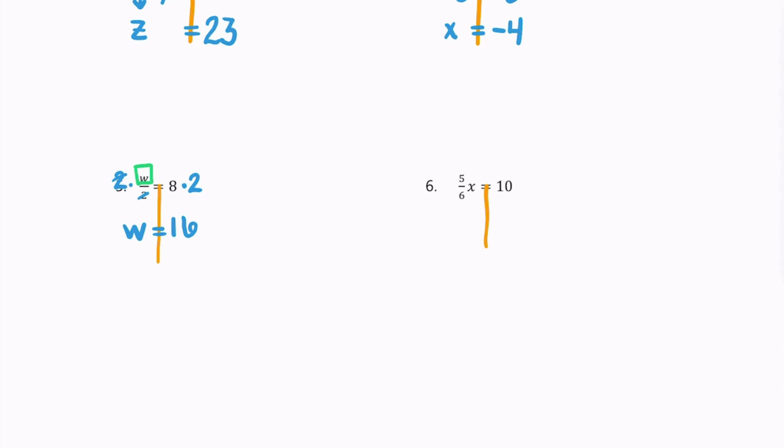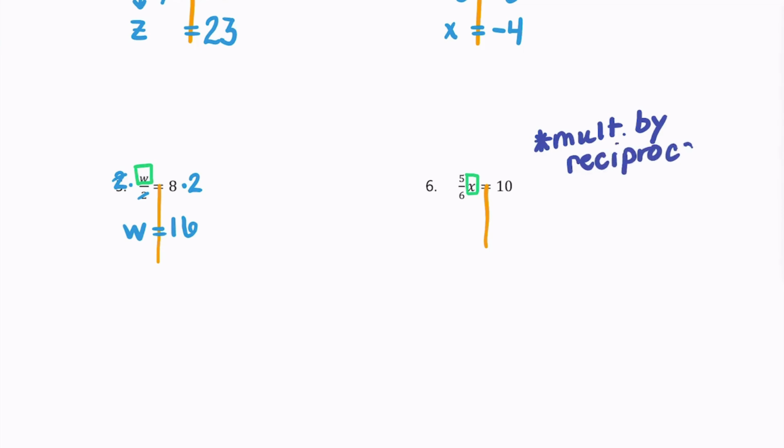And last but not least, we have 5/6 times x equals 10. So the opposite of multiplying by that fraction 5/6 is to divide by that fraction 5/6. Or we have this shortcut that whenever we see a fraction being multiplied by a variable, we multiply by the reciprocal.